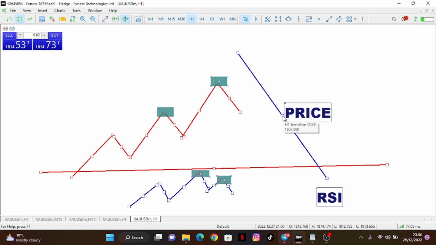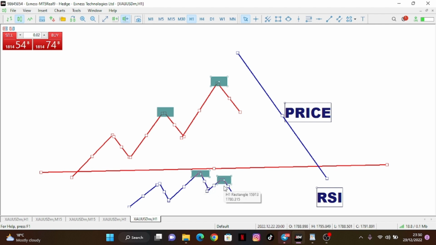When you spot price making higher highs and you spot the RSI doing the opposite of what price is supposed to be doing, starting from here, it was following up price action pretty good, and right at this moment where momentum lost its strength to the upside, the RSI started giving weak signals.